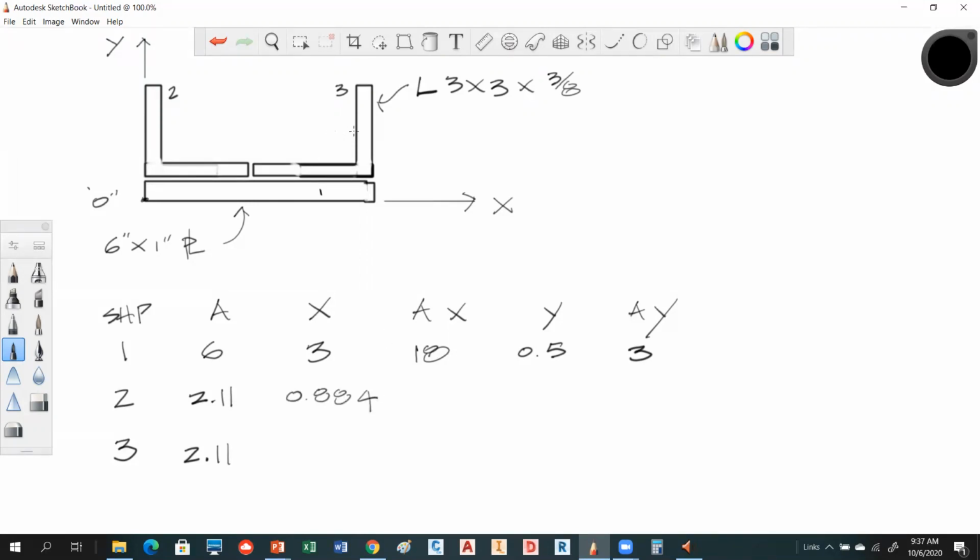Now, it won't work the same way for this one because that's coming this way, but we need to come from the distance. For this one, it's 0.884 going this way because we mirror imaged it, but we'll need the distance from the origin here. So we'll handle that in a minute, okay? All right, so we're going to take the 0.884 times the 2.11.